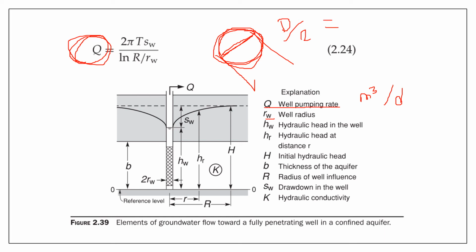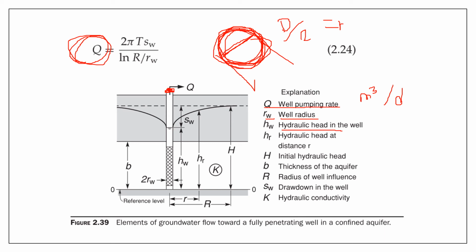That is your well radius. So that tiny radius is the well radius, literally the radius of your well or the borehole well diameter divided by 2.